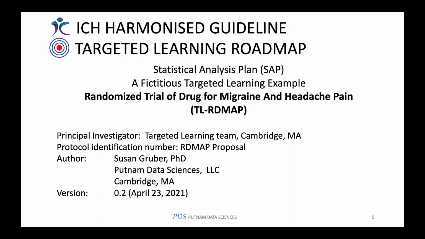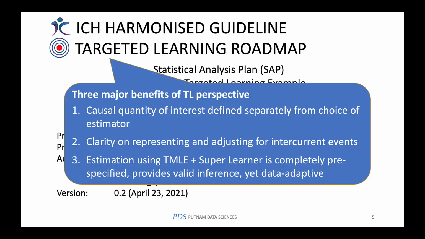We're also going to be informed by the targeted learning roadmap. And to my mind, this brings 3 advantages with it. First is that the causal quantity of interest is defined separately from the choice of estimator. You're not automatically bound to estimating something that's a coefficient in a particular parametric model.